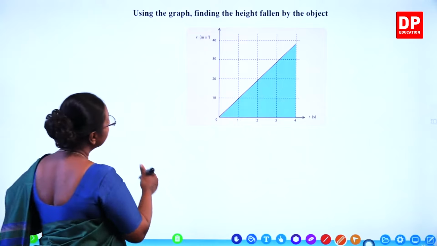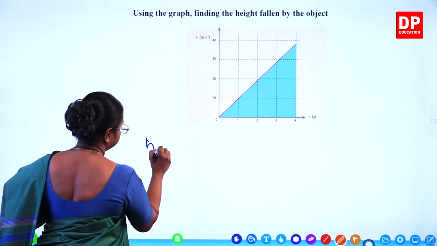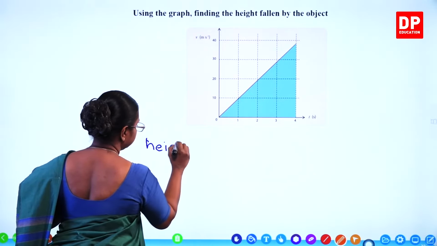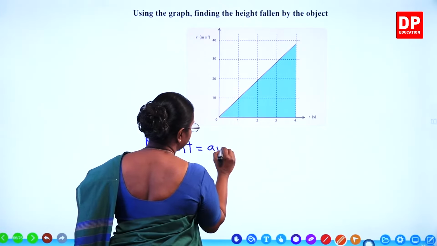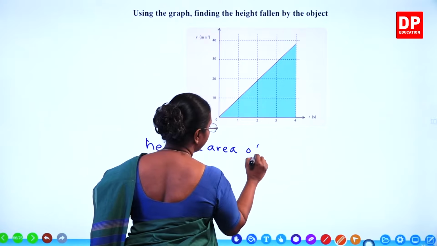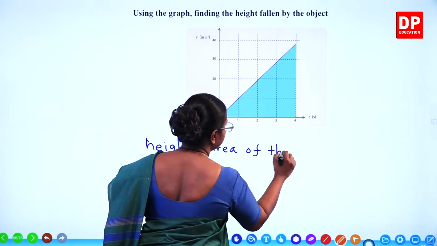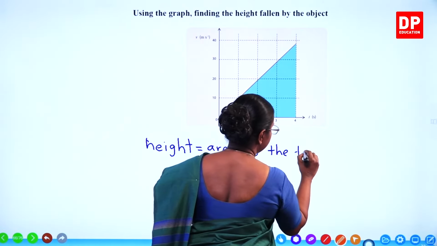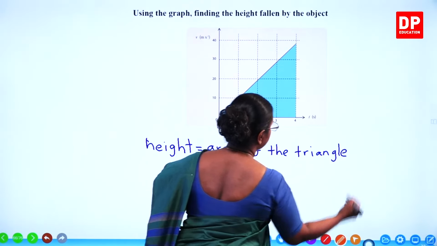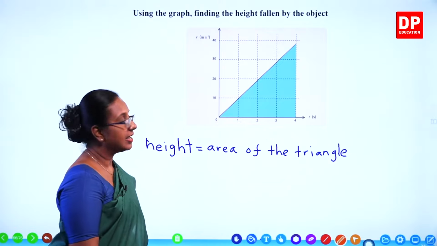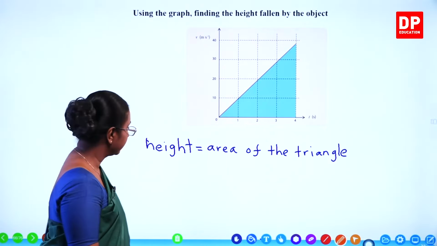So to find the height, we find the area of the triangle that has been shaded to you. Area of the triangle, that is the area under the curve.